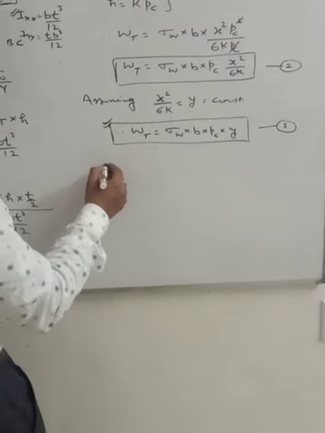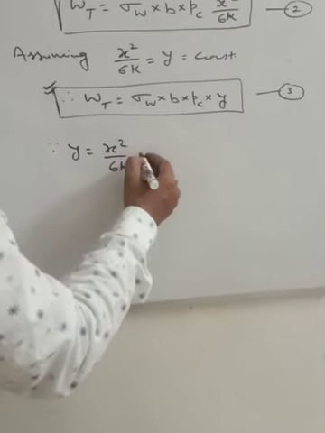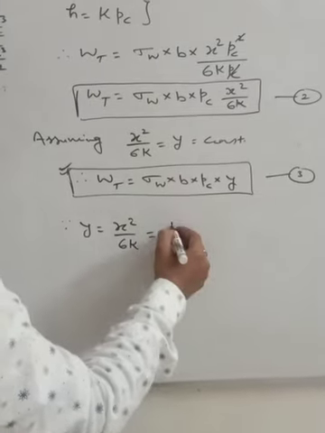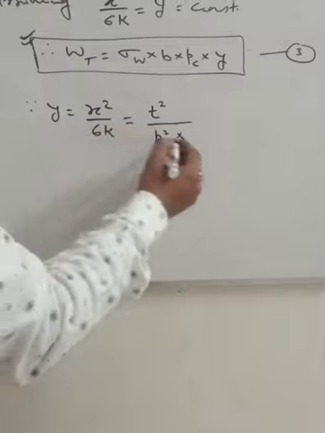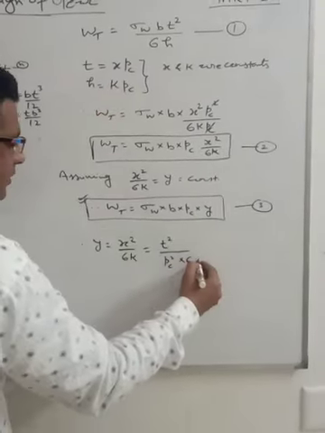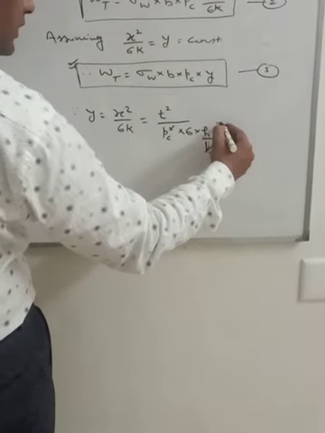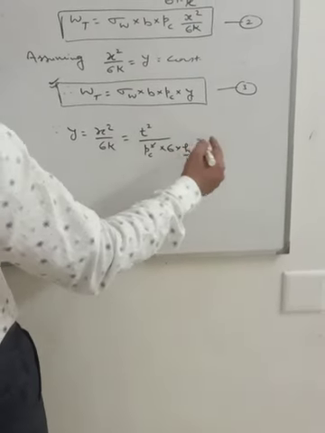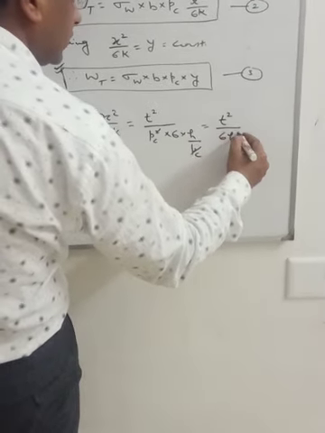Now we know that y is equal to x square by 6k, and if you put the value of x as t by Pc, then it is equal to t square by Pc square multiplied by 6, and putting the value of k as h by Pc, Pc cancels out, then the value is t square upon 6h Pc.